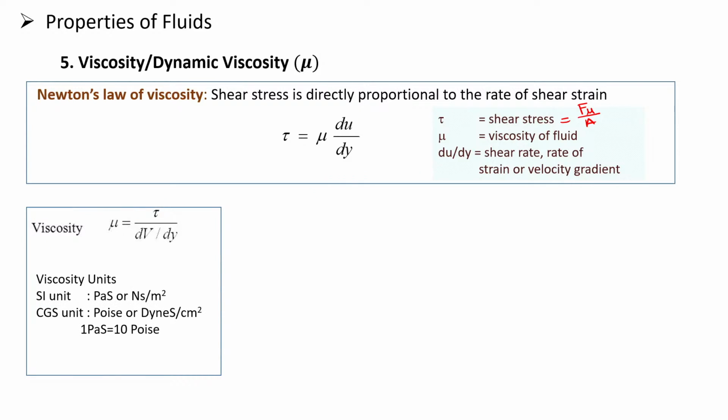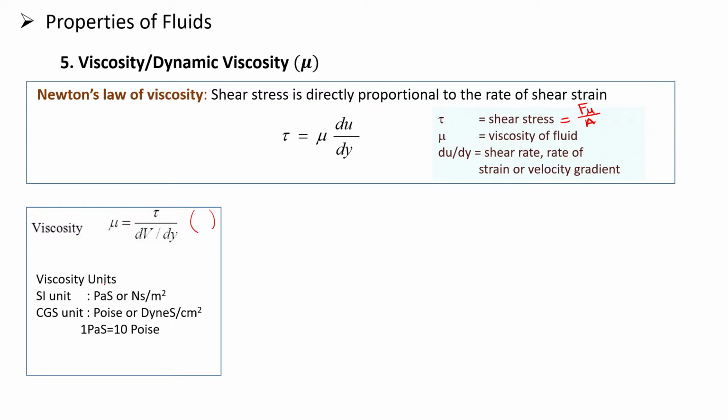Then by using that also we can define the viscosity. So viscosity, we can say that it is the ratio of shear stress to the velocity gradient. Now different units of viscosities are there. So SI unit is Pascal second. You can put the unit of viscosity, shear stress and velocity gradient.